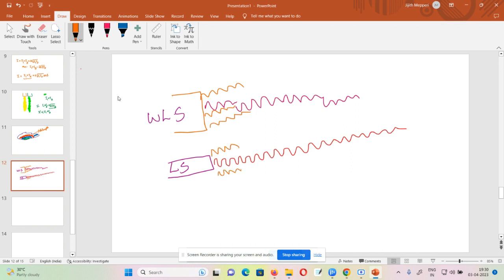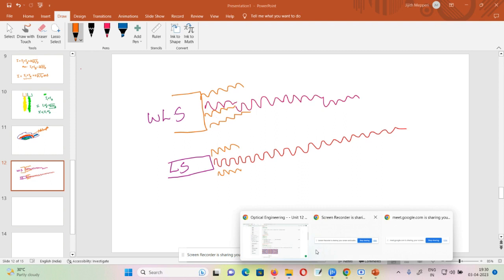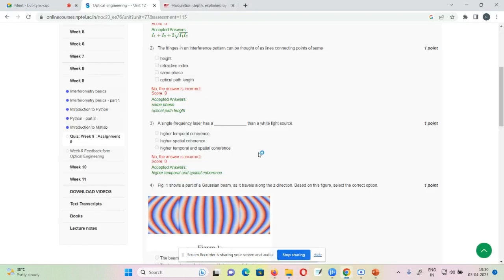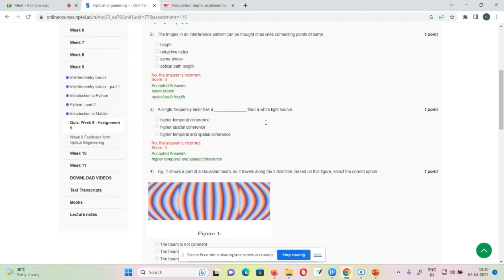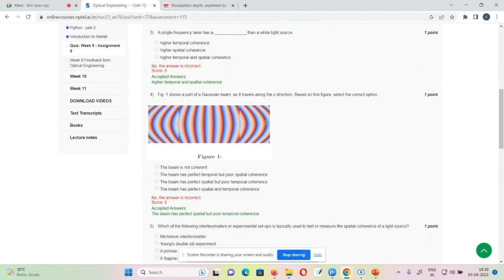So all waves emitting from one point look exactly the same, or have a definite phase relation. So a laser source will have higher temporal as well as spatial coherence.